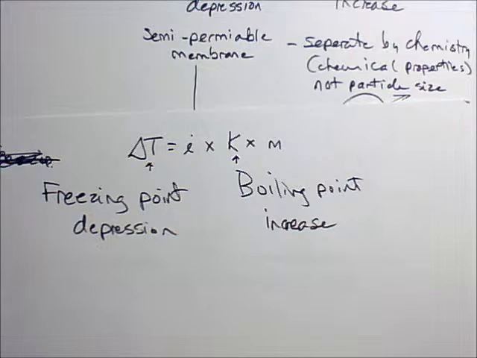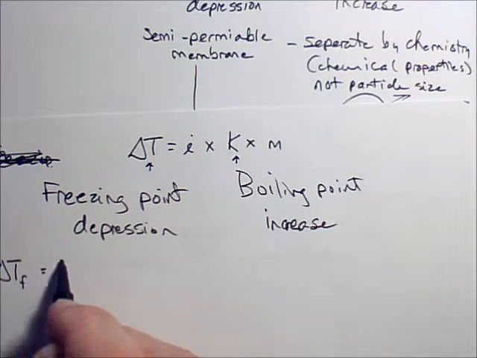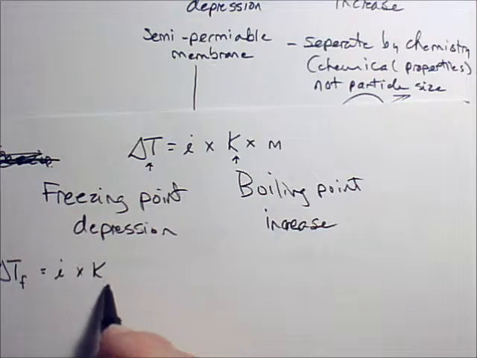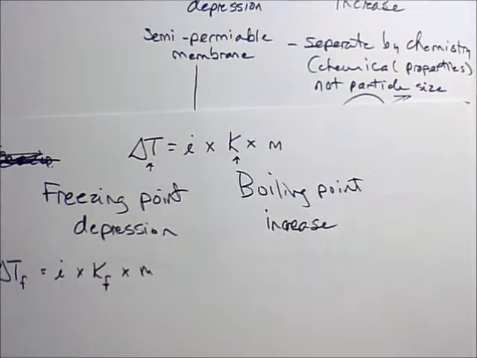So for freezing point depression, this equation becomes delta T sub F equals I times K sub F times m for molality.